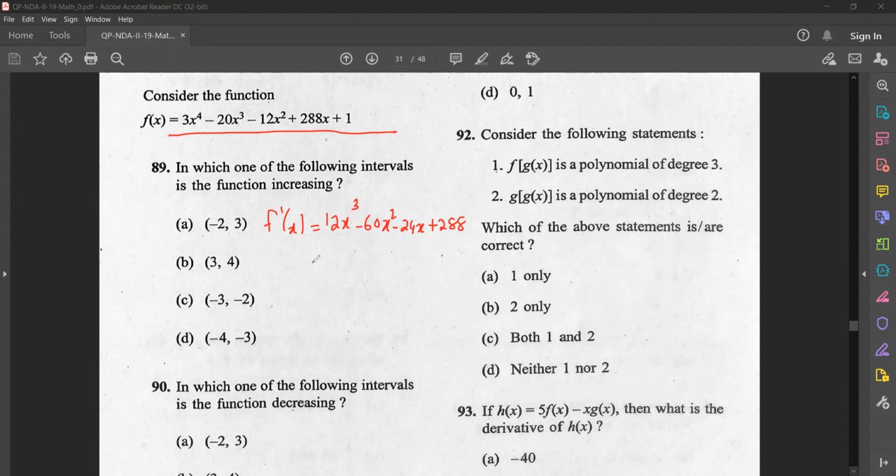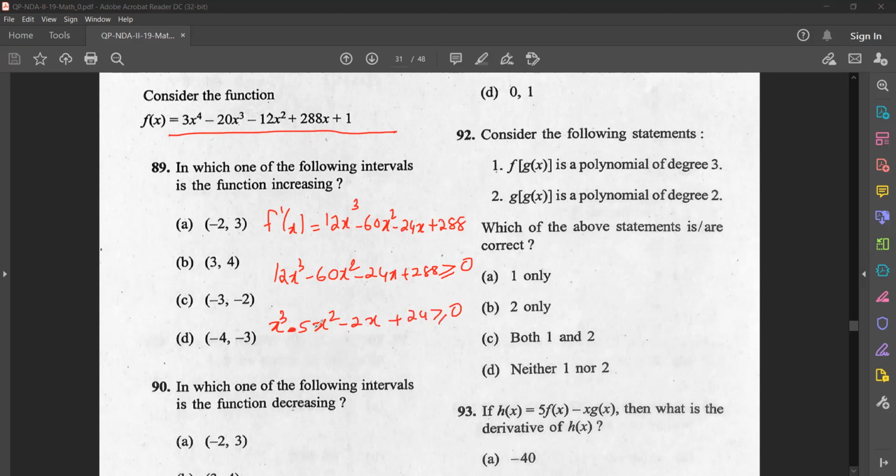From this I can take 12 common. I'm going to see whether this is greater than or equal to 0 in any of these intervals. So taking 12 common, I'll get x cube minus 5x square minus 2x plus 24 greater than or equal to 0.